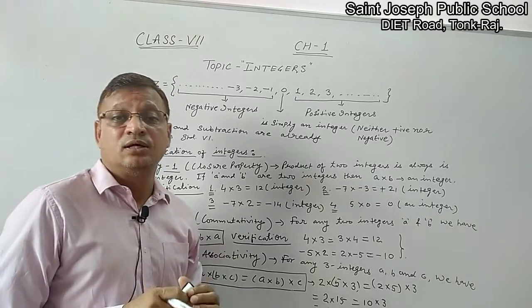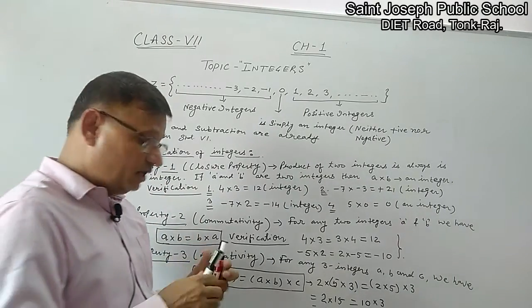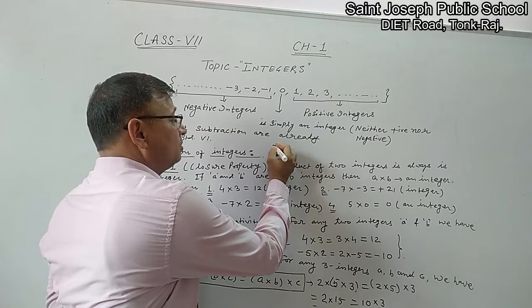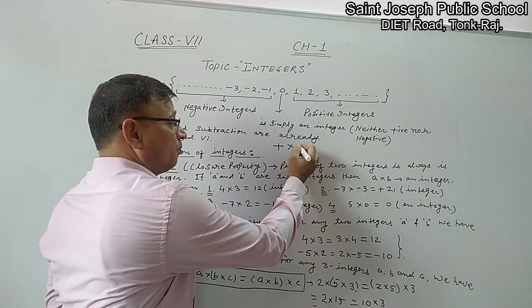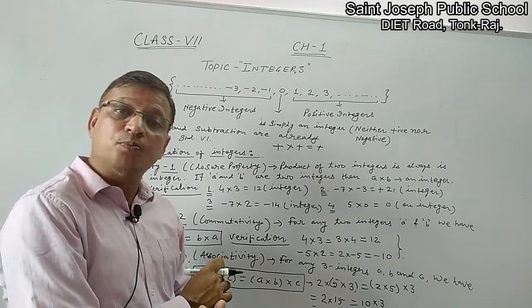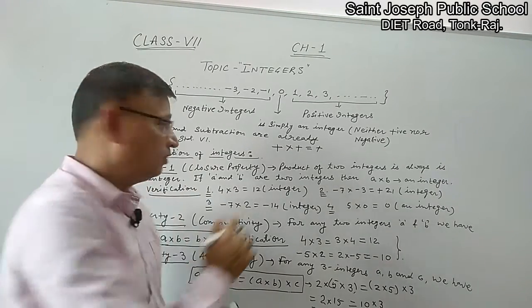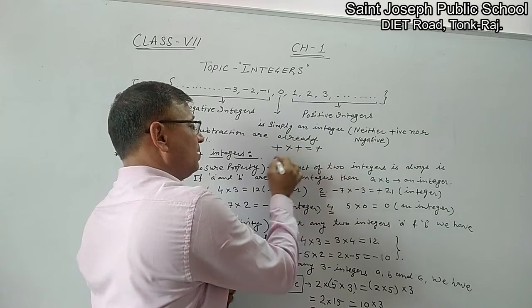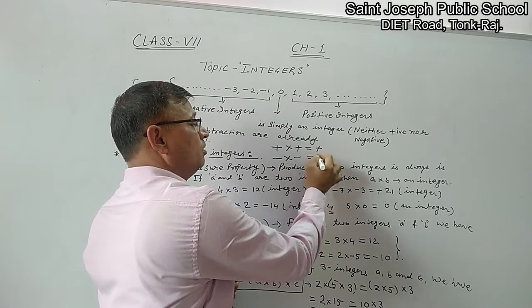One more point is very important. The product of signs is very important. The product of the same sign is always positive. The product of two positive signs is always positive. Plus into plus equal to plus, minus into minus equal to plus.